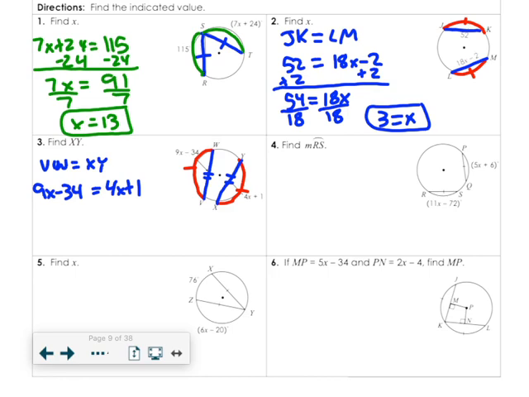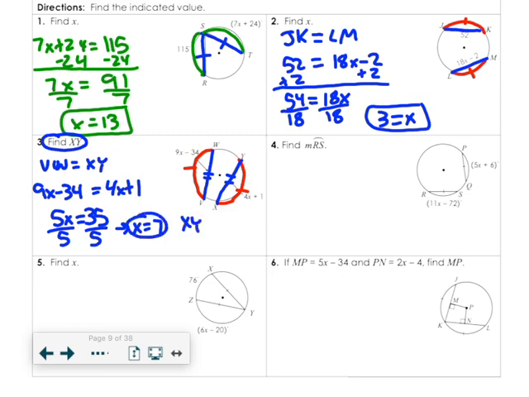We're going to move the x terms to the left, so subtract 4x from both sides, we get 5x. Add 34 to both sides, we get 5x equals 35. That tells us that x is 7, which is not our answer because they want us to find XY.